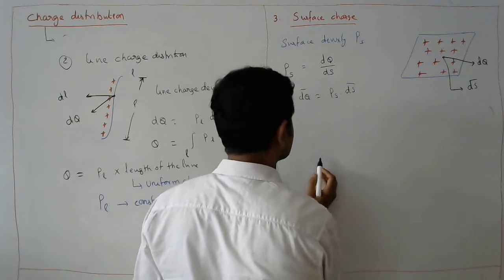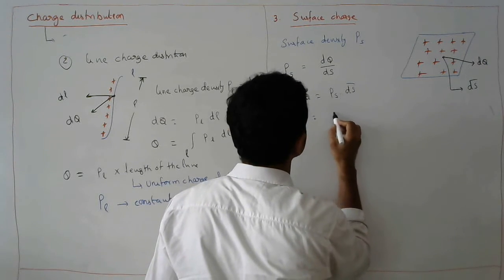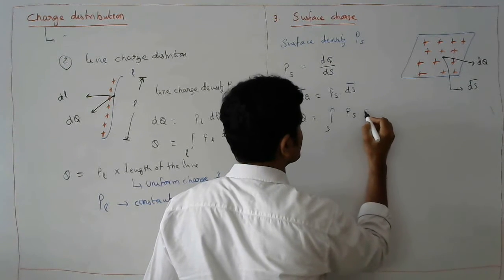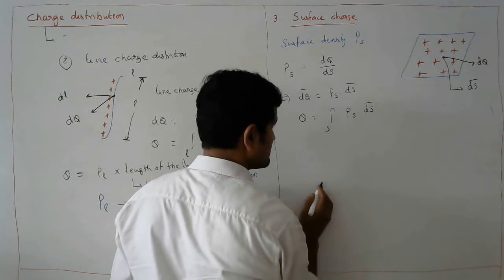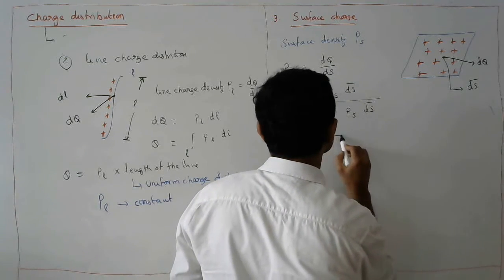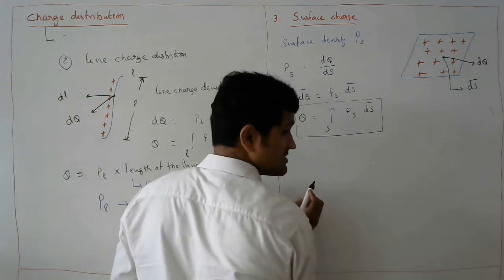For Q, we integrate: the surface integral of rho s into ds. This formula is used to calculate the charge for a given surface.